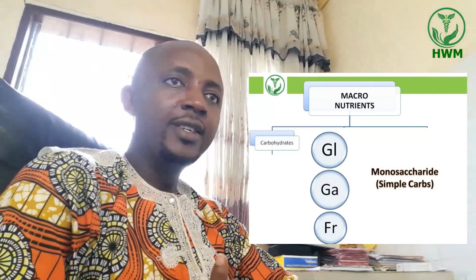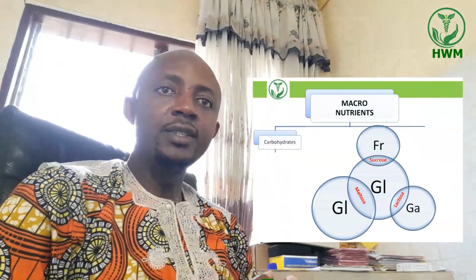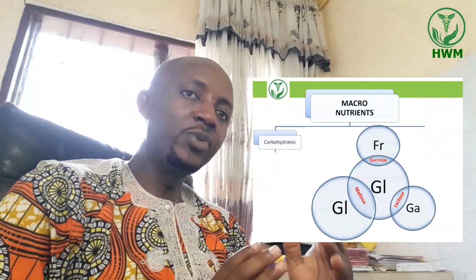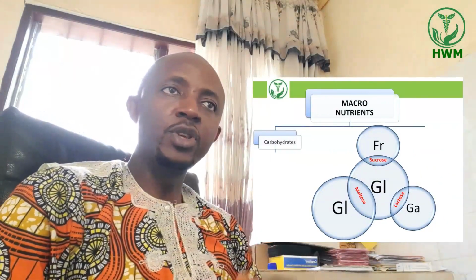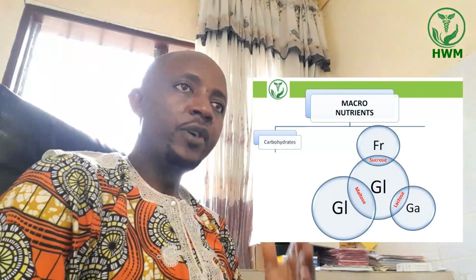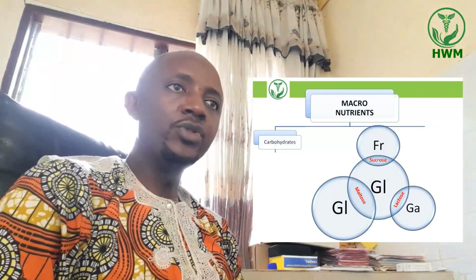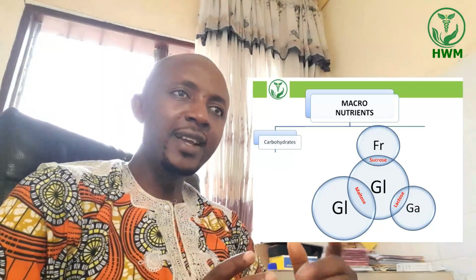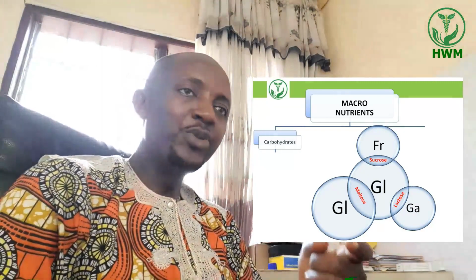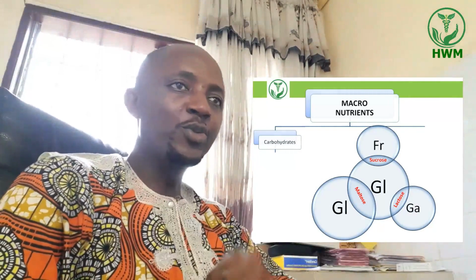And the next image is when you see glucose binds with glucose, and it produces maltose. You have glucose binding with fructose to produce sucrose. You have glucose binding to galactose to produce lactose. And what is interesting here is that at the center of it all, you see the glucose molecule.